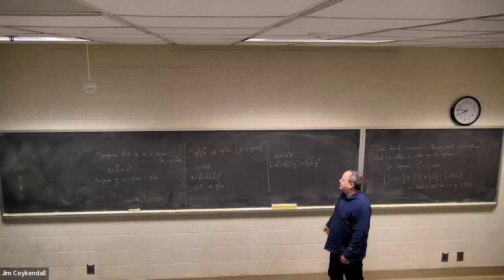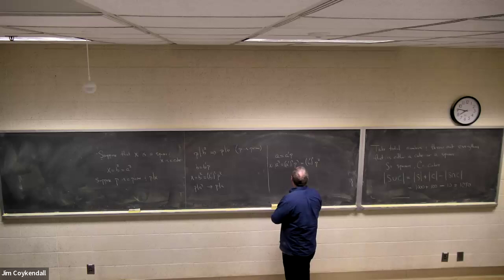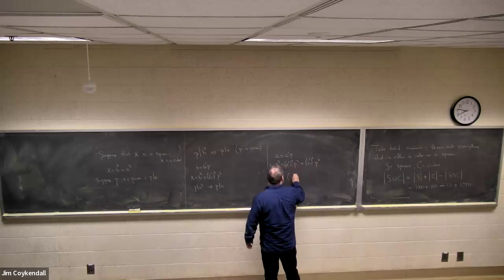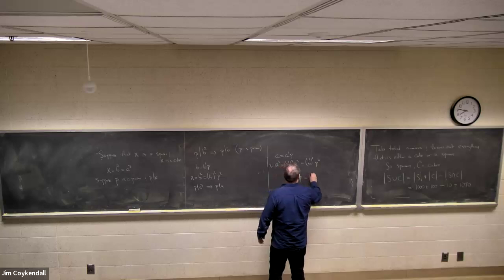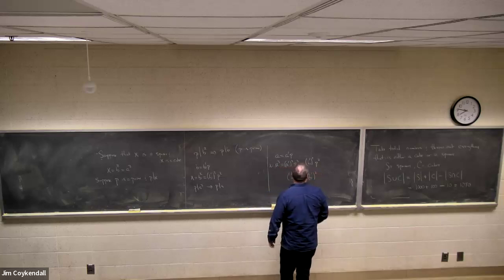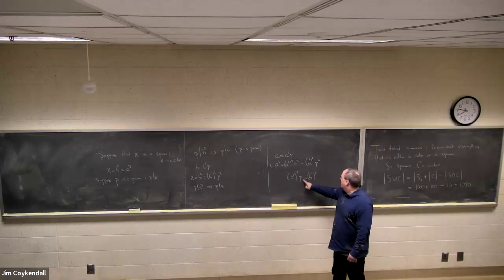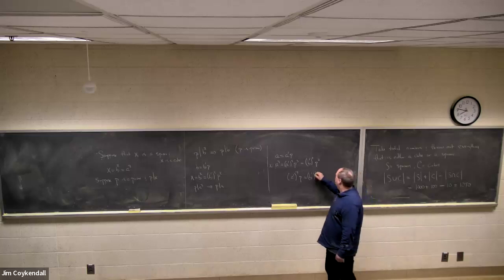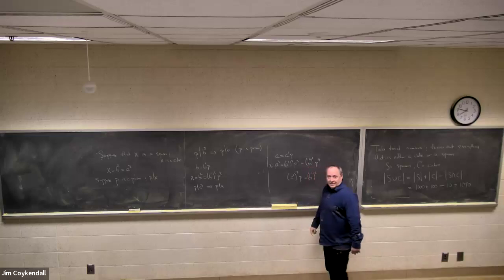Now I'm going to have to bootstrap this. Notice that you can cancel two powers of P. Now you have P divides B prime squared, so now you've got four powers up here.